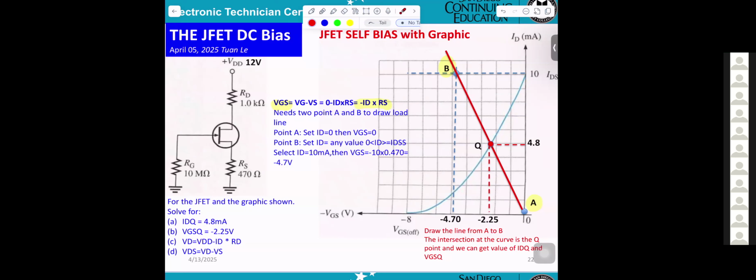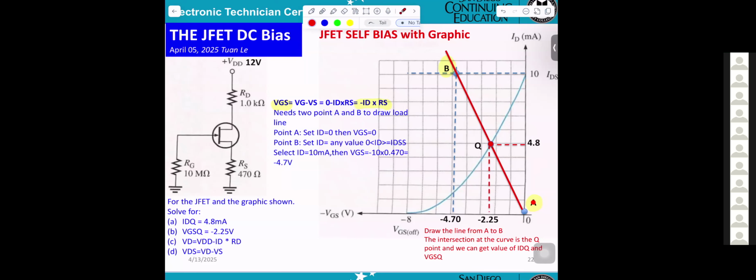First thing, I get the point A. I set ID equal 0. At this point here, ID equal 0. Okay? VGS equal 0. Okay? So that's why they said ID equal 0, VGS equal 0.